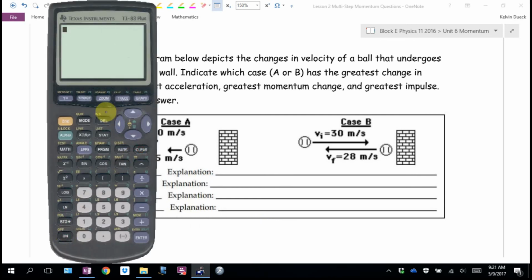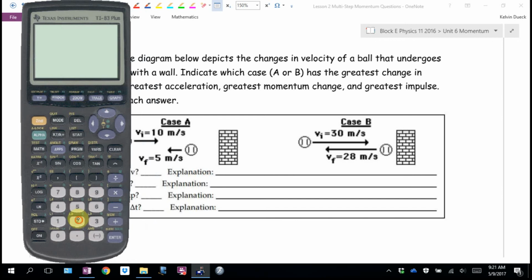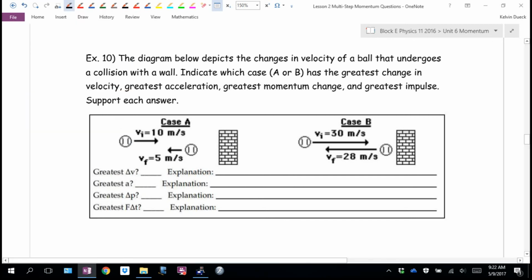What's the final velocity of B? What's the initial velocity of B? Don't say 30. What's the change in velocity of B? 5 minus negative 10. What's the change in velocity of A? There's our proof. B. Explanation, we calculated it.